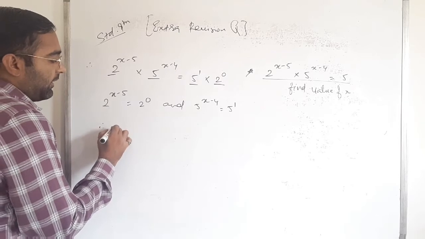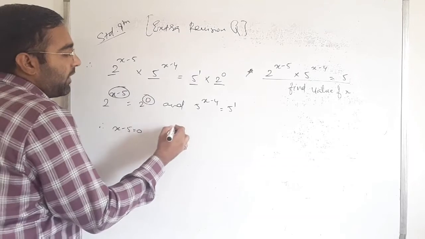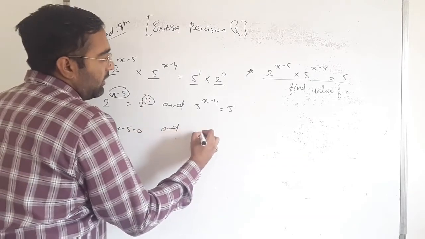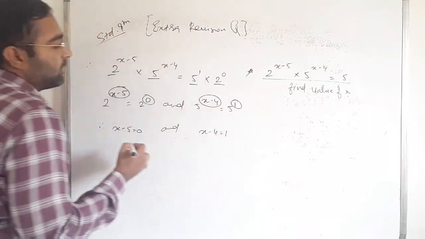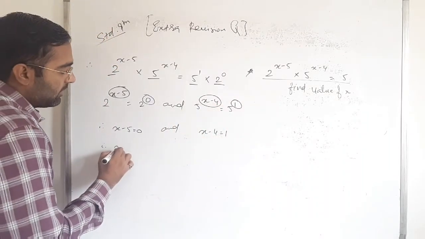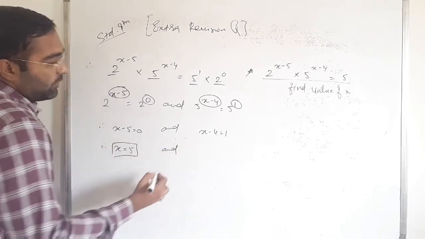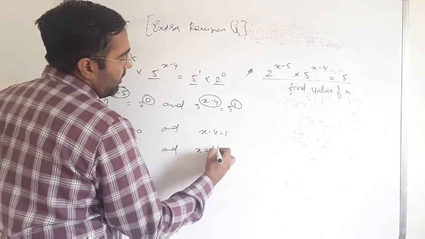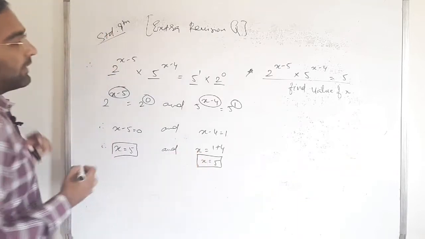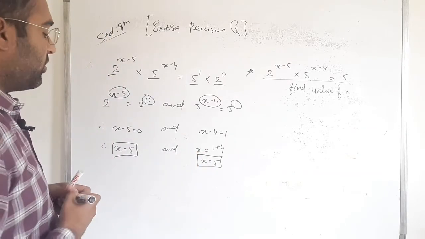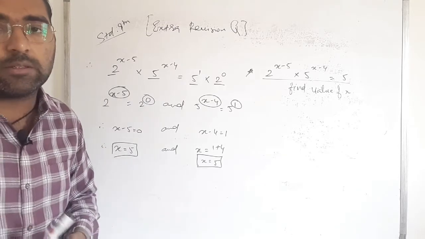So therefore x minus 5 is equal to 0, power with power, and again x minus 4 is equal to 1. So the answer here is x equal to 5, and here also x equal to 1 plus 4, that is x equal to 5. Clear that? So in both of them my answer is 5 for the value of x.